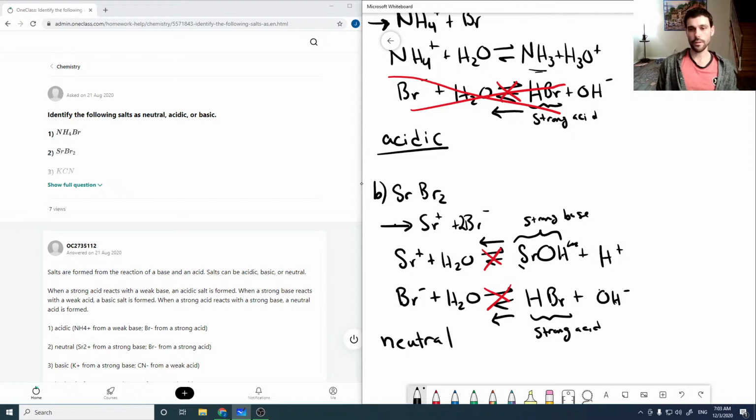We're just going to have the reactant side here, and so if that's in solution, then that's neutral. Okay.